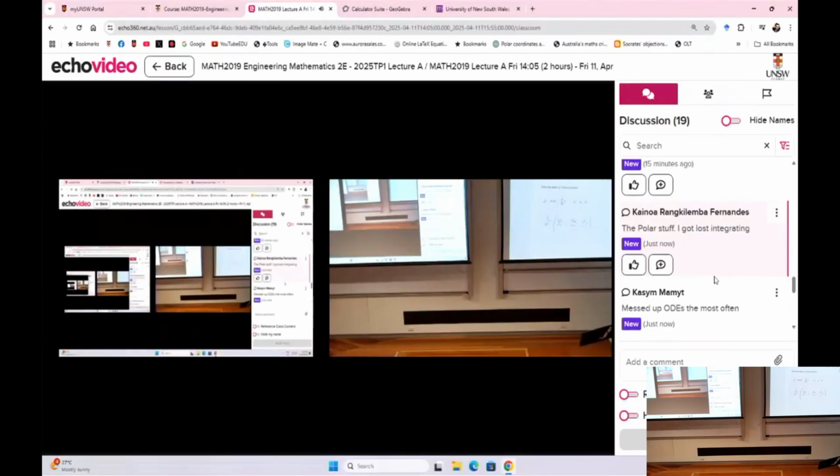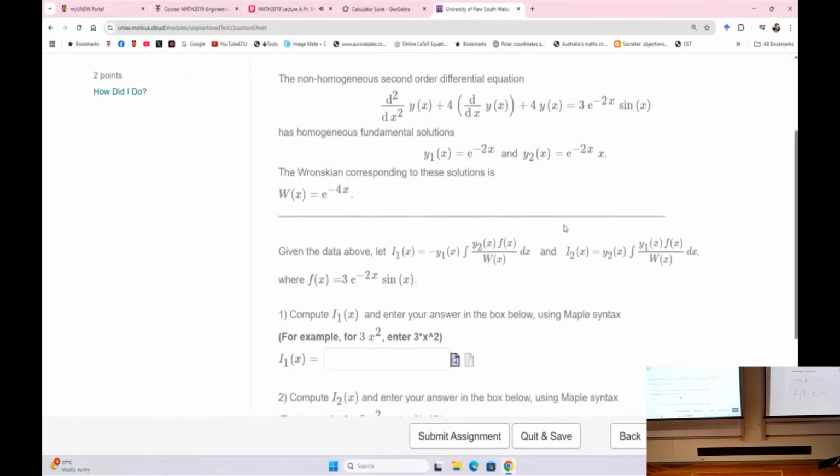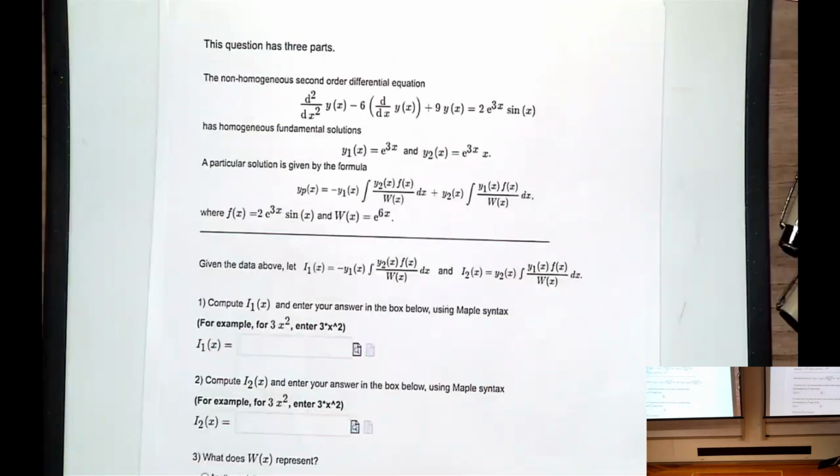Okay, people, the polar stuff messed up ODEs the most often. I know, it's easy to make a mistake. So what did we have? Luckily, I've prepared some of these, right?